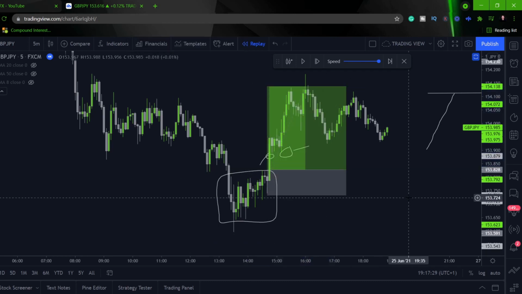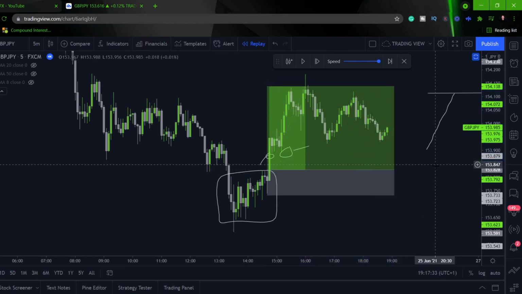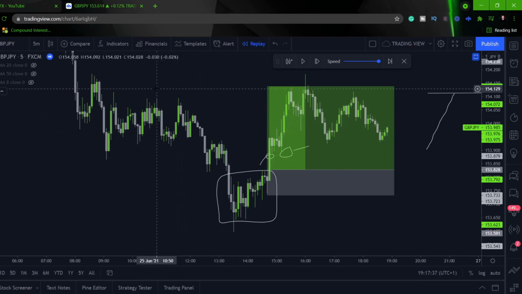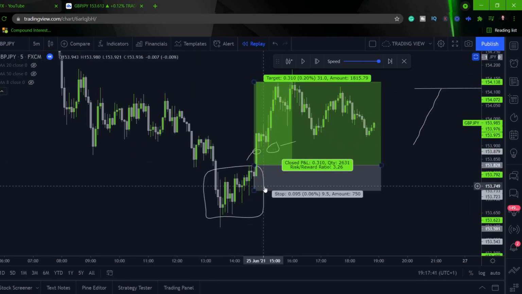Your decision making will change once you have live money on the table. So what you may previously have seen in your back testing as an impulsive move, as soon as you've got money on the line, you'll probably be like, oh, no, that's not impulsive enough, I need to wait. And you may be a little bit hesitant from taking trades because you haven't got specific rules to tell you exactly when to get in and when to get out.